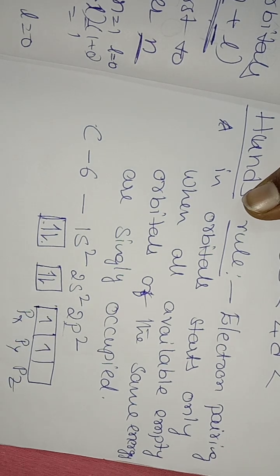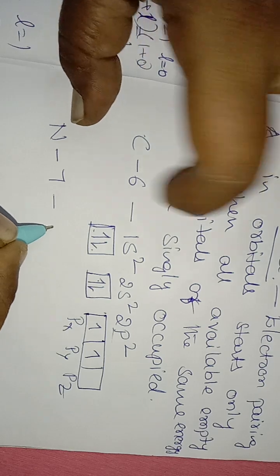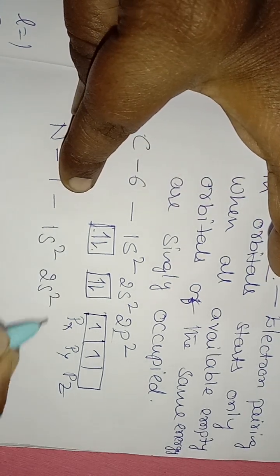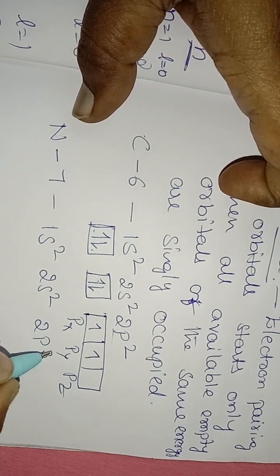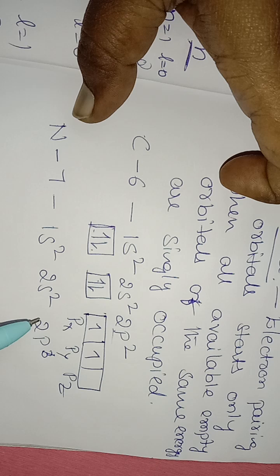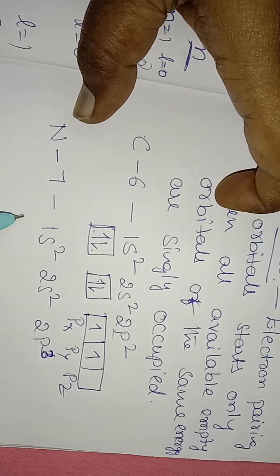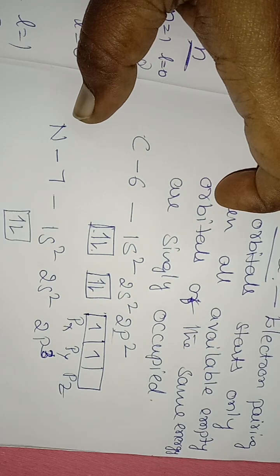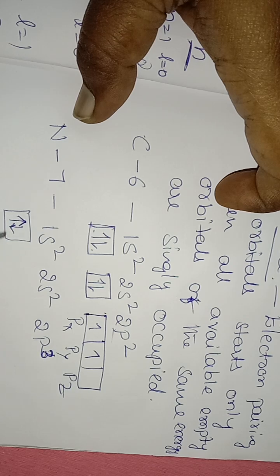So one electron occupies like this. Okay, if you come to nitrogen, the number is 7. So 1s2, 2s2, 2p3 only, right? Here two electrons revolve in sphere shape, one electron with clockwise direction, the second one with anti-clockwise direction.